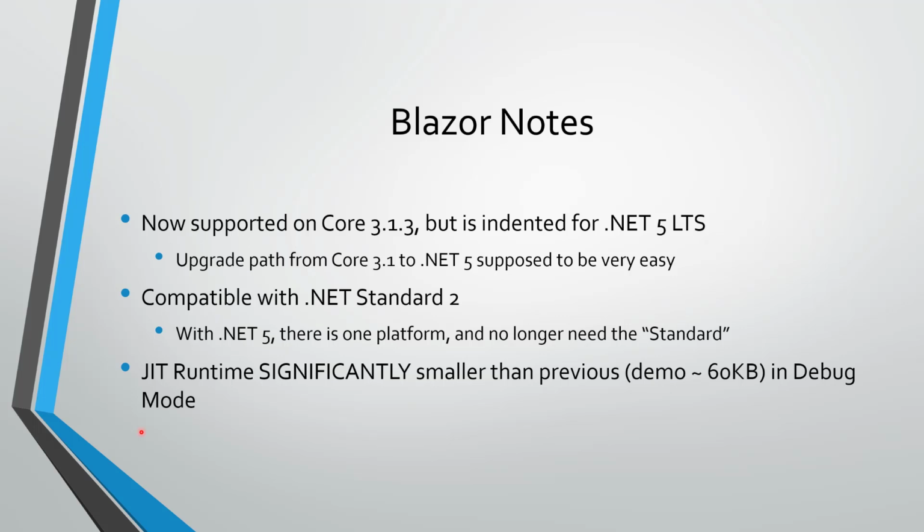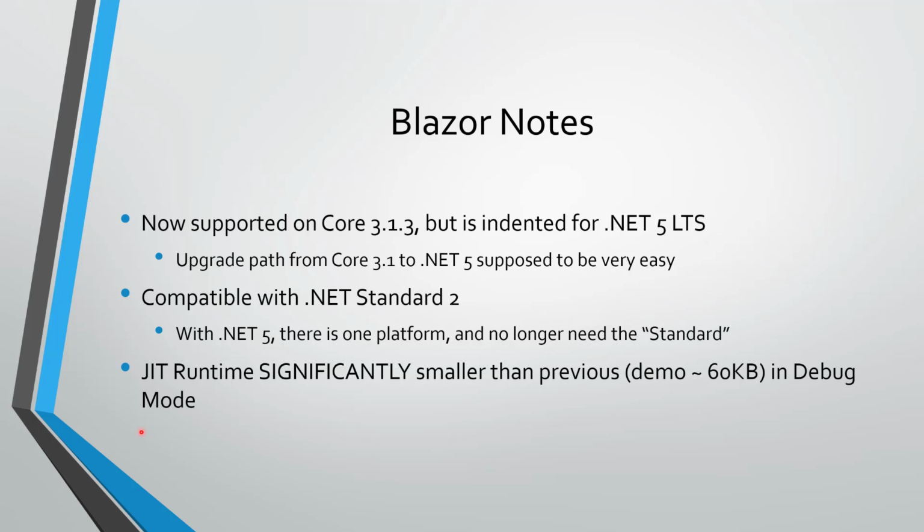Okay, in order to get going, you need Core 3.1.3, but it's really intended to run on .NET 5. So you can use it right now on 3.1.3 and later upgrade it to .NET 5, which is supposed to be a very easy conversion. But if you want the long-term support, it's going to be on .NET 5, not Core 3.